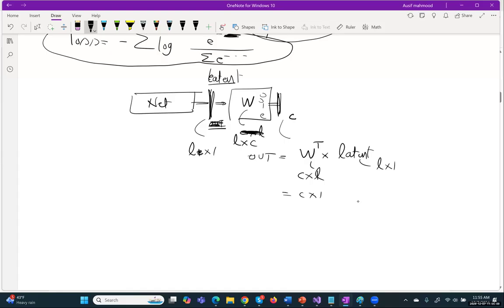If we treat this now as a vector with some angle, let's say theta 1, this is our latent. As we pass it through a weight matrix, what will we get? We'll get C. You can think of conceptually the C that we are getting over here as if it's doing a rotation on the latent.